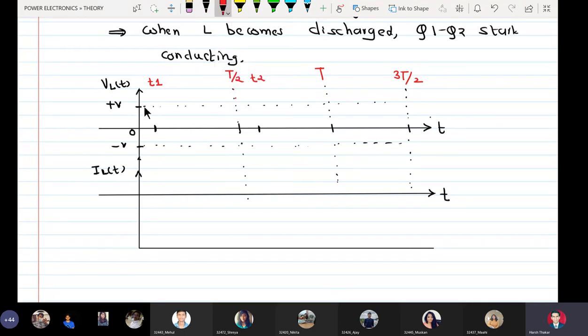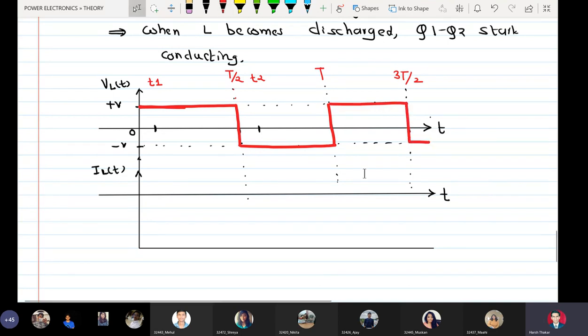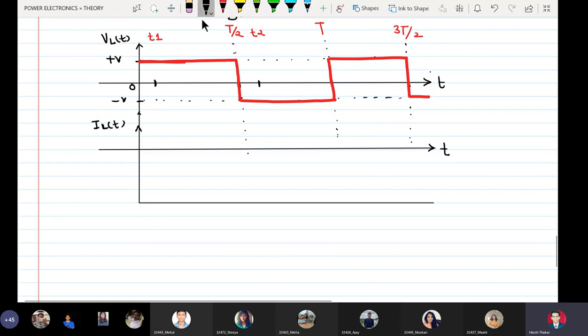It will always go like this. From 0 to T by 2, it will be plus V. At T by 2, it will change to minus V. Till T, it will be minus V. Again come here like this. Okay, so load voltage waveform will not change at all, but the change comes in the load current waveform.